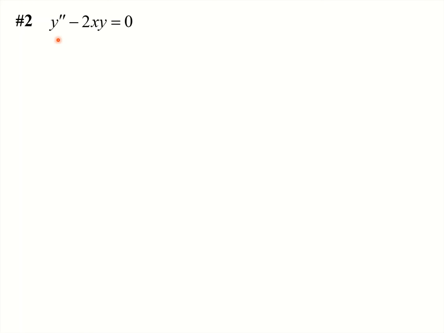So what we're going to do, and we're going to spend the rest of this PowerPoint doing this problem, is solve this using power series. We're going to start off like we did the other problem, where we say the solution is going to look like this: y equals the summation of a sub n x to the n.